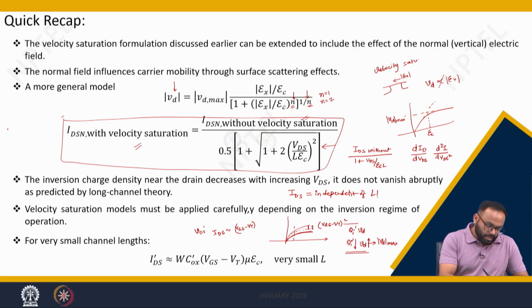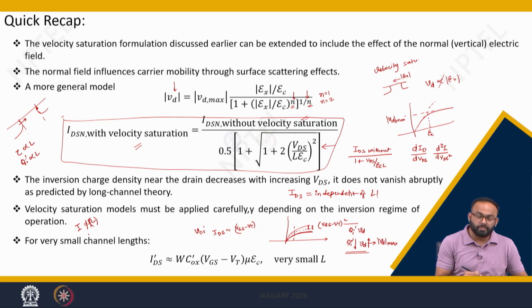If you have a MOSFET, the carrier takes some time to reach the drain moving from the source, and that is the transit time. The transit time is directly proportional to L, and the total charge available in the channel is also proportional to L, and hence the current is independent of L. So it is not a function of L.